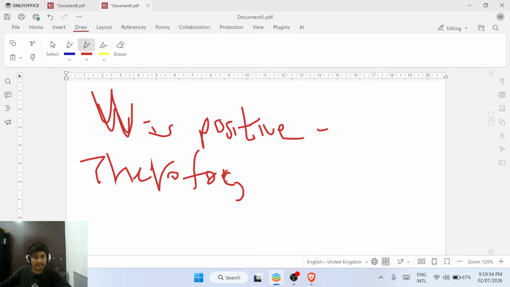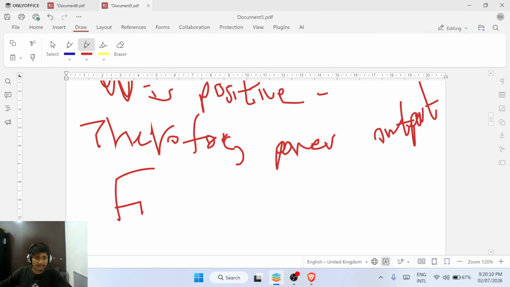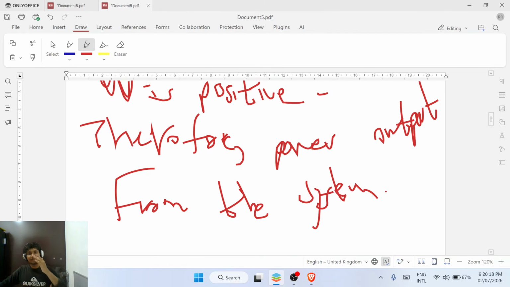Please write this in the exam: W is positive, therefore power output from the system. For example, we pour 1 liter of petrol into the bike's engine.